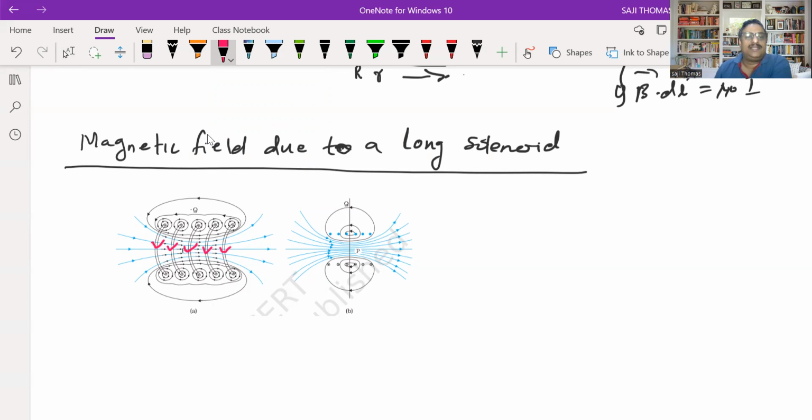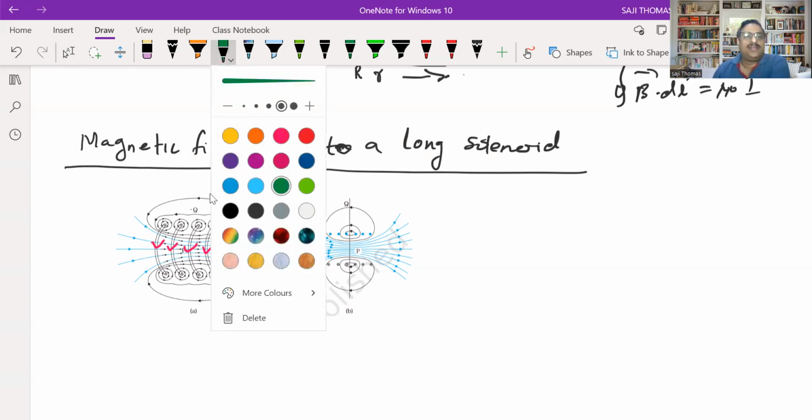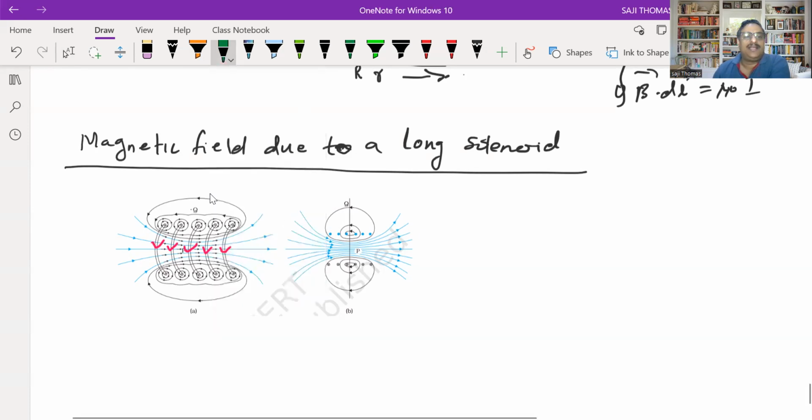Between two turns, at this point I marked with a blue dot and the green dot, the magnetic fields due to the two turns are opposite, so the field cancels between the turns. Remember this. And you see at the center of the solenoid the field is maximum.